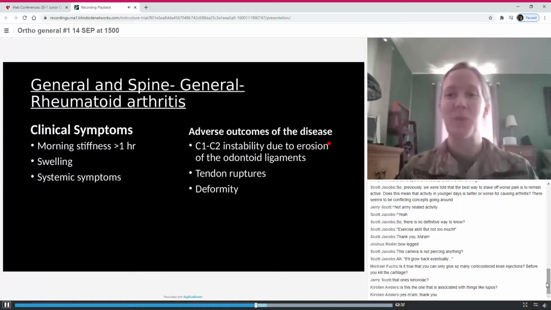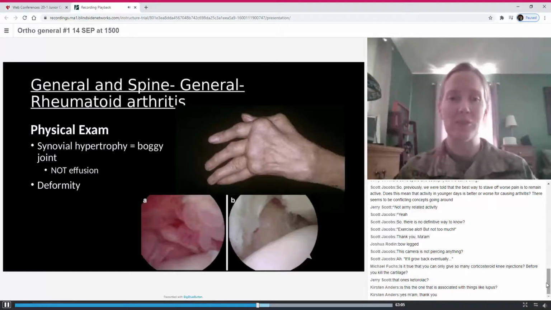So we want to know about things like rheumatoid arthritis when we do general anesthesia procedures because of this risk of ligament rupture. Tendon rupture, I talked about that, has to do with changes to how elastic or resilient those tendon and ligament fibers are from the disease process. And then because of uneven wear and changes, they will have deformities at a lot of different joints. And we'll talk about those when we get to imaging.